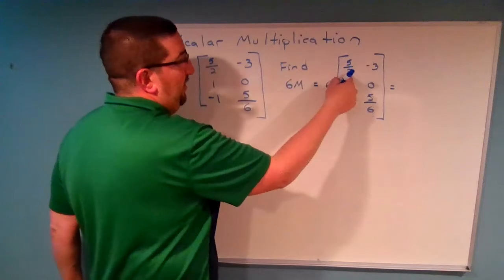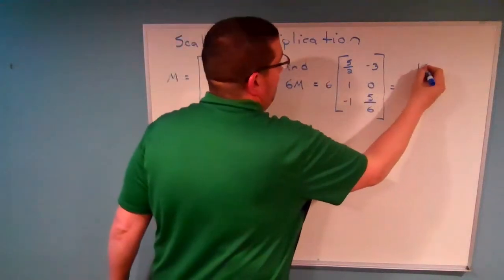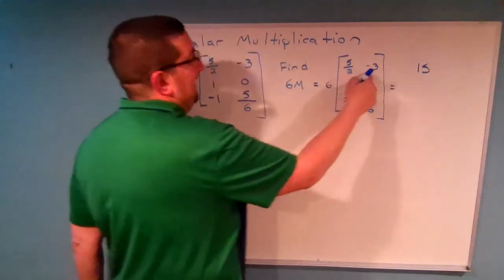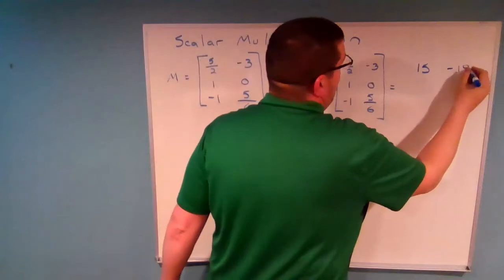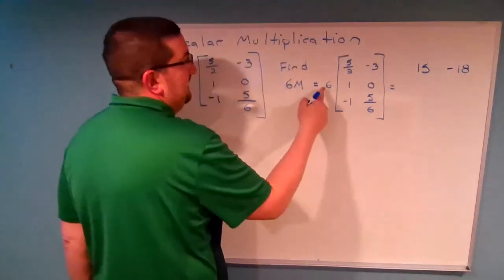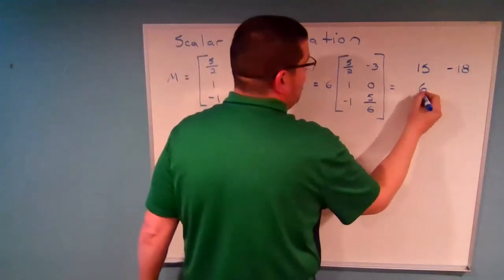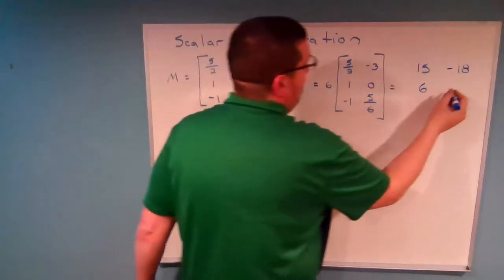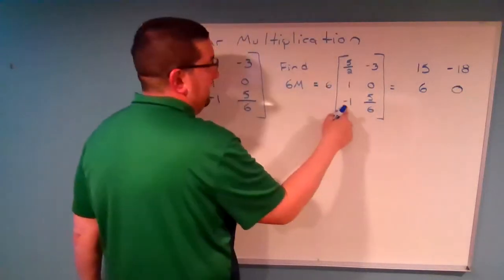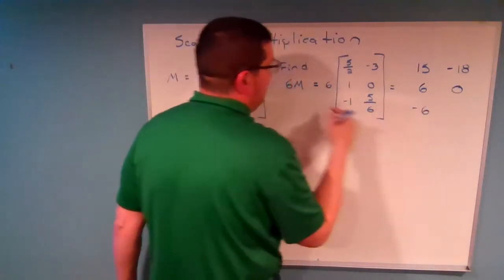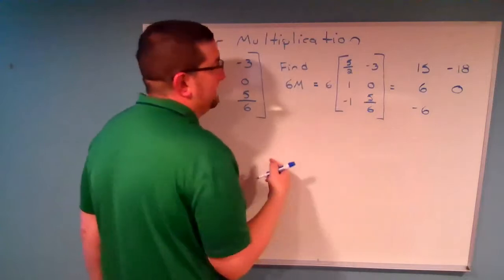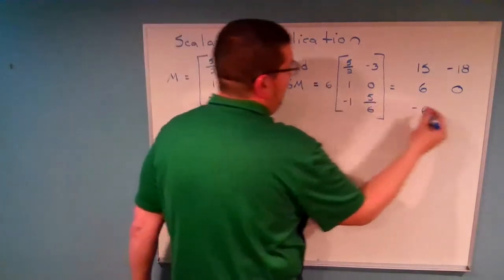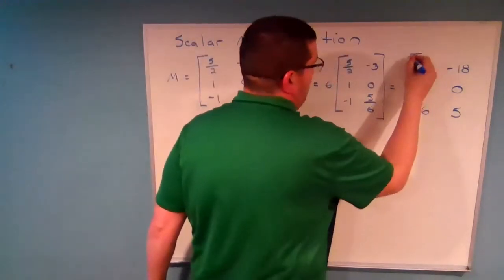So that would be 30 over 2, which is 15. 6 times negative 3 would be negative 18. 6 times 1, 6. 6 times 0, 0. 6 times negative 1, negative 6. And 6 times 5/6 would be 5.